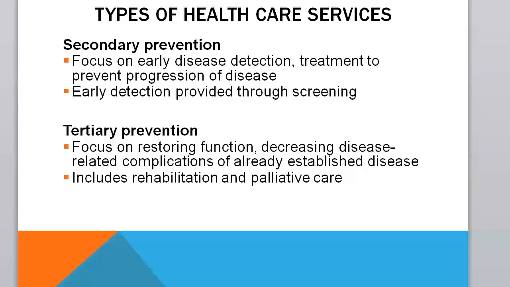And then the last one is tertiary prevention, which involves restoring function and decreasing disease-related complications of an already established disease. It may also include rehabilitation and some palliative care. And our goal here is to focus on controlling some of the symptoms and really promoting the highest quality of life possible for this person.